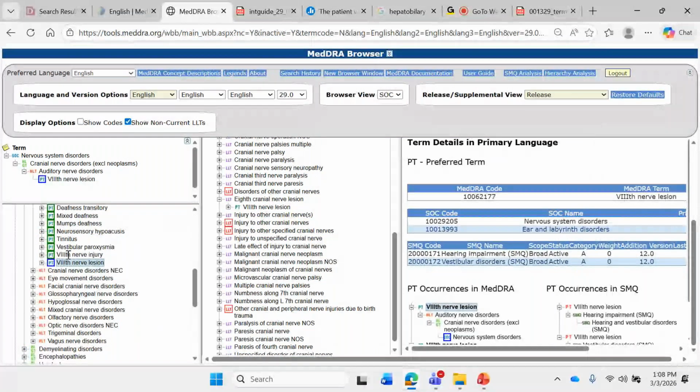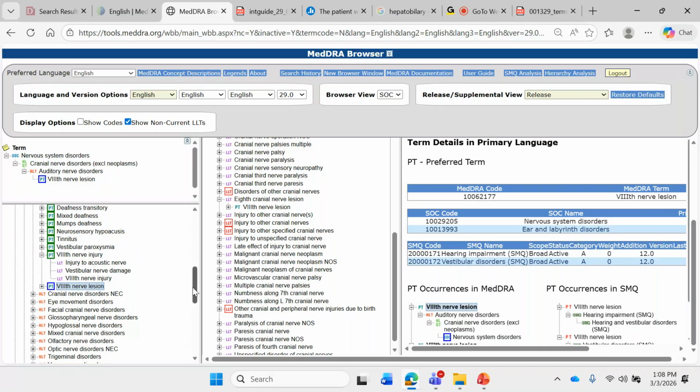Okay. So if we look at 8th nerve injury, it has the name as the LLT. So in this case, it says 8th nerve, the number, 8th nerve injury, and it says vestibular nerve damage. So it named the nerve, but the number is at PT level, the name of the nerve is at LLT level. So you could use your browser to check.